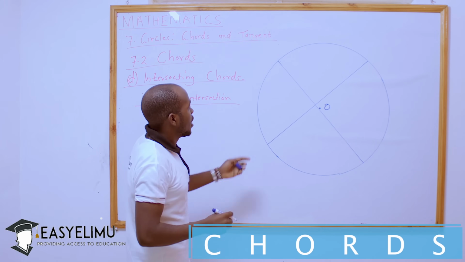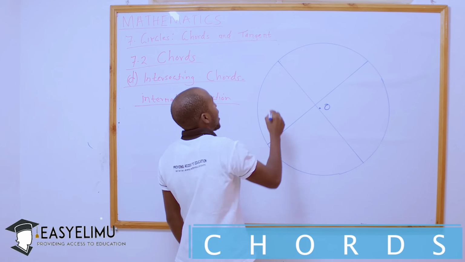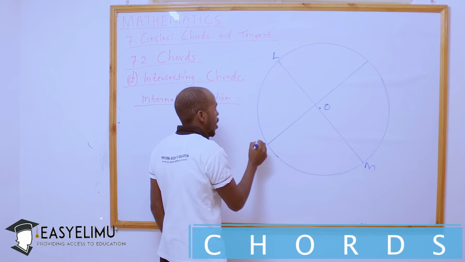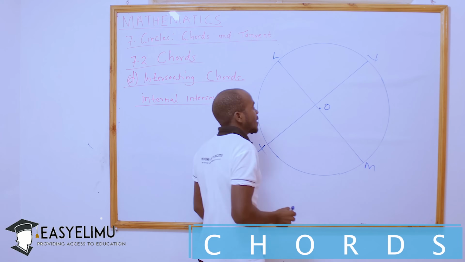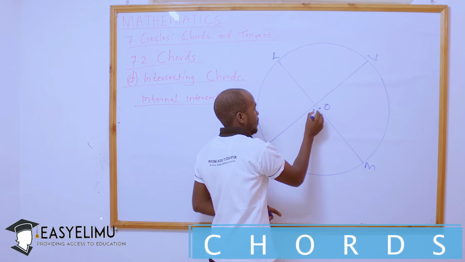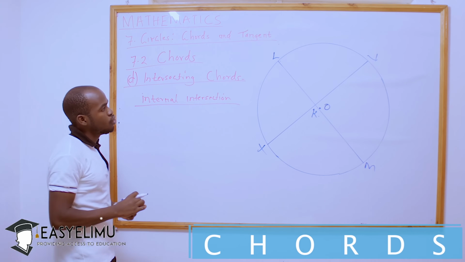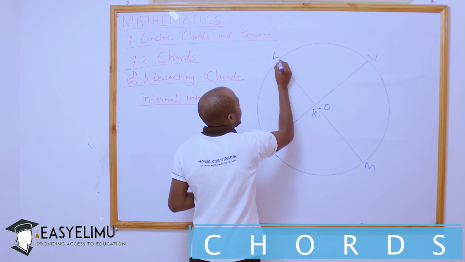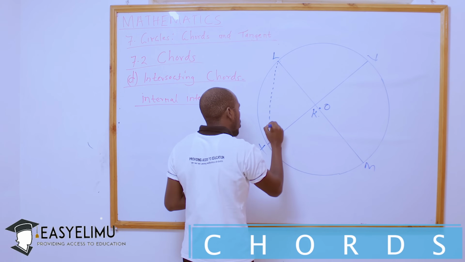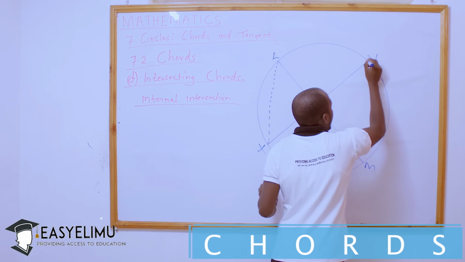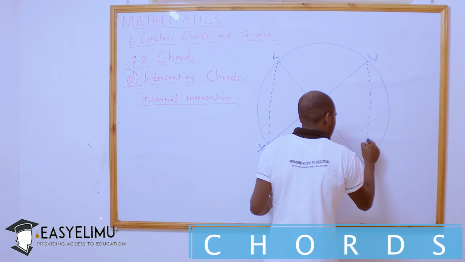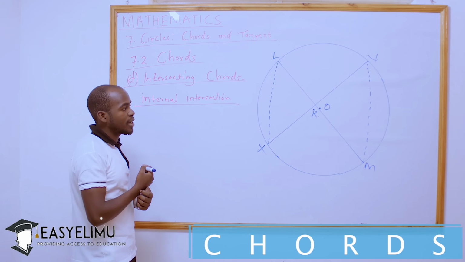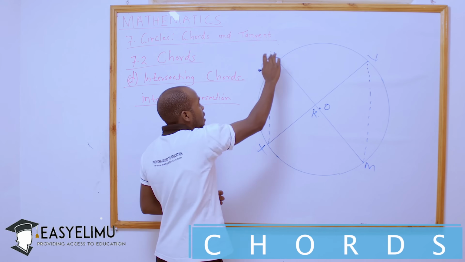Let me give this one as LM, and the other chord XY, and let's say that they intersect at a point K. If we cut that way, we are going to have other chords like YM and LX, but they are only to help us extend.